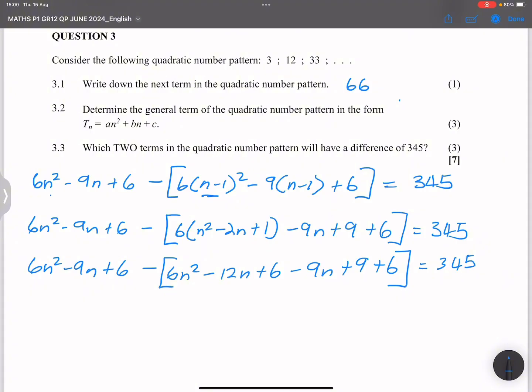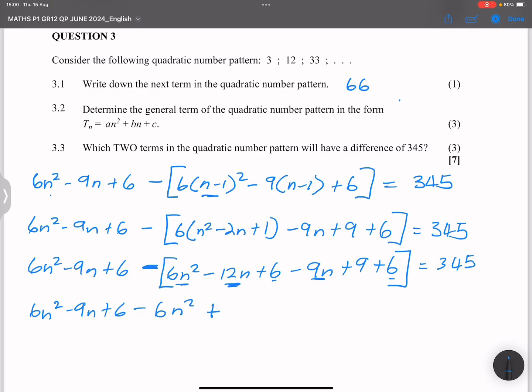Now let's work out what is inside that bracket. So we've got a 12 there. So we've got 6n squared minus 9n plus 6 minus 6n squared, right? So I'm just taking the square term, right? For the n, you've got minus 12n minus 9n, right? So in this case, remember, we're multiplying by that negative that is outside, so it will change sign.